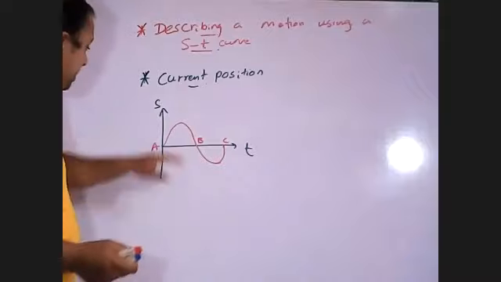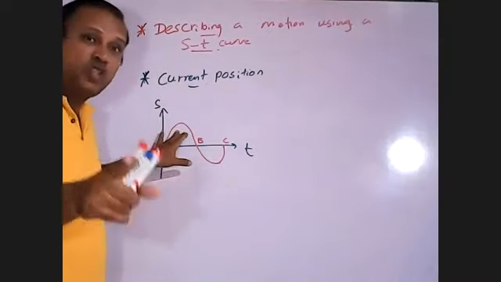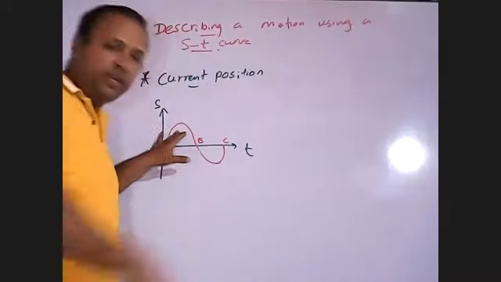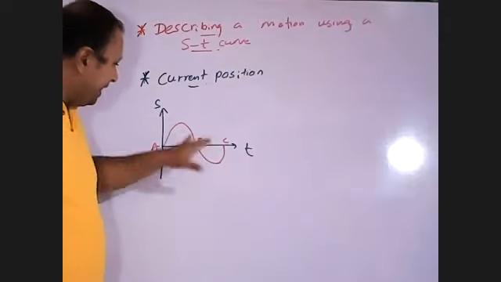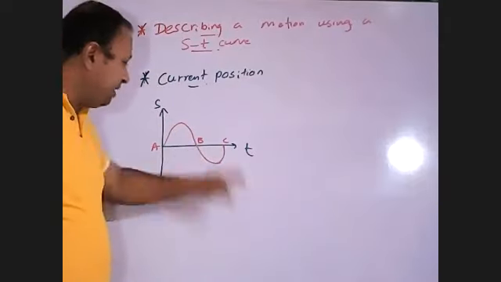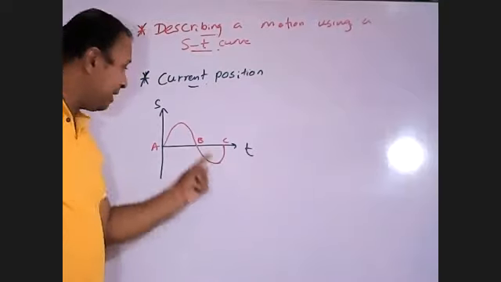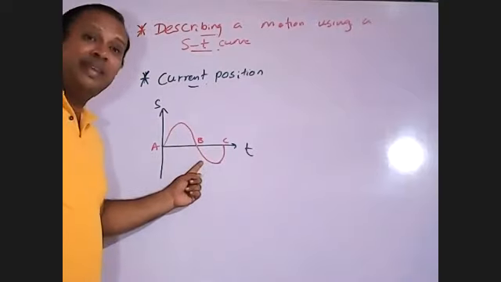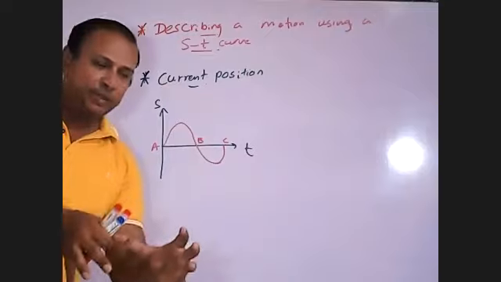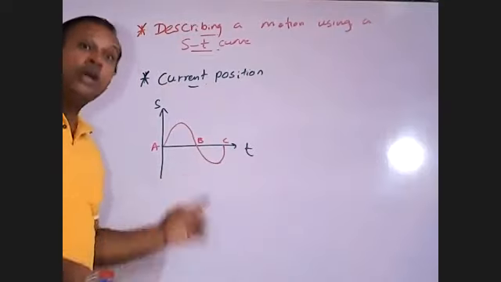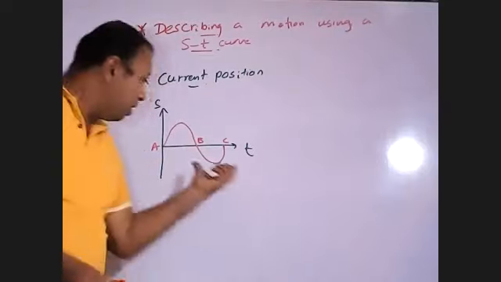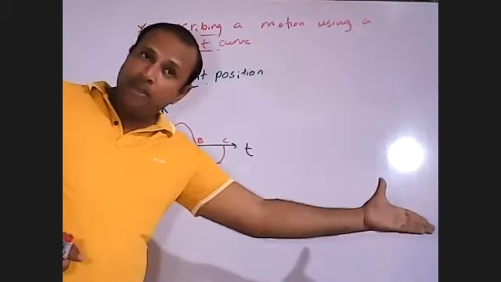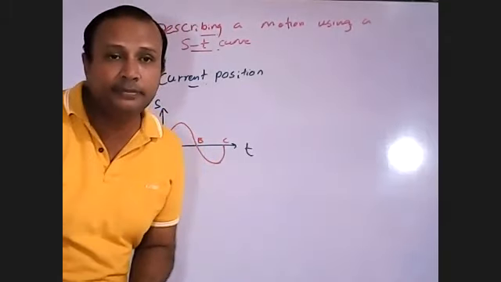So the object should be on the positive side. In this half, the BC portion, the displacement is negative. S value is negative, which means now the object is on the negative side.